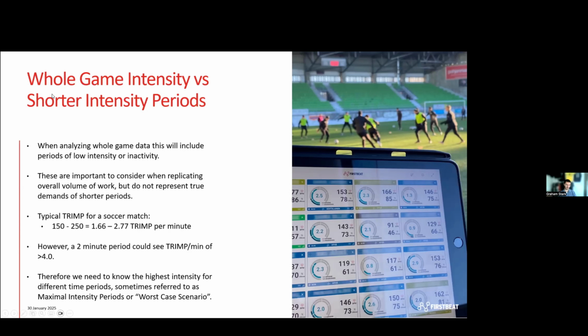That's where we need to consider that. We need to know those shorter periods to understand the worst case scenario, which is the most that the players are likely to be asked to do within a game, or as it's referred to within the system, maximal intensity periods. So if you see either of those two phrases, they mean the same thing.